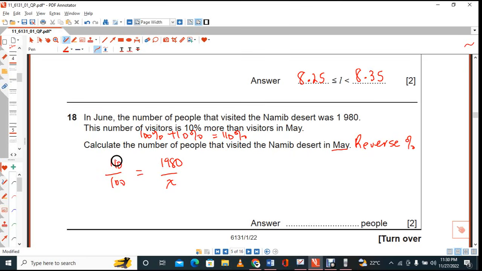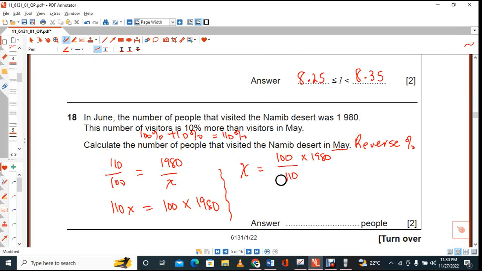Now, what you can see here is that the numerator is greater than the denominator, and we are looking for a value of x that is less than that numerator, because in May it was essentially lower than that. Okay, so you can cross multiply. You say 110x is equal to 100 times 1,980. So essentially x will be equal to 100 over 110 times 1,980.